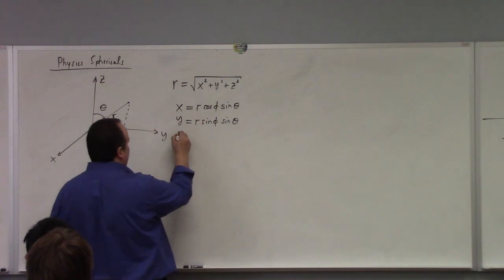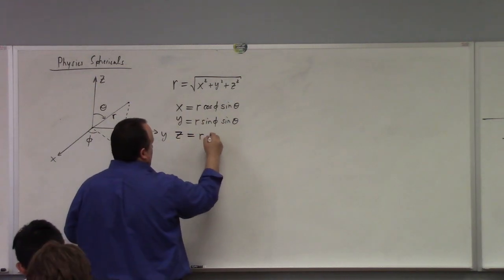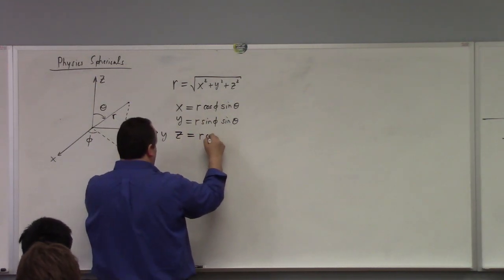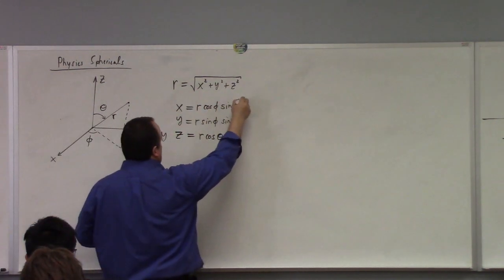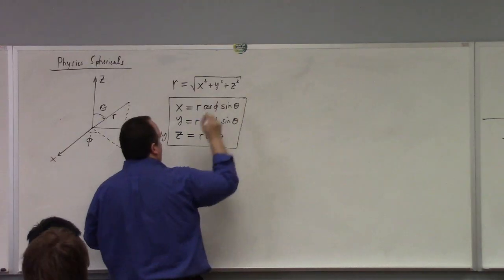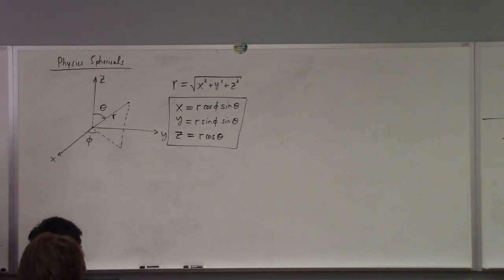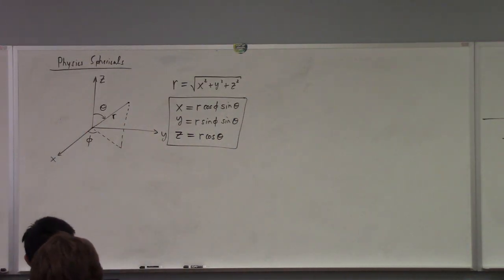And then z is r cosine theta. Notice that these are not the standard Calc 3 formulas, and these are the ones we'll be using in here, all right? So that's just a word of caution about that.